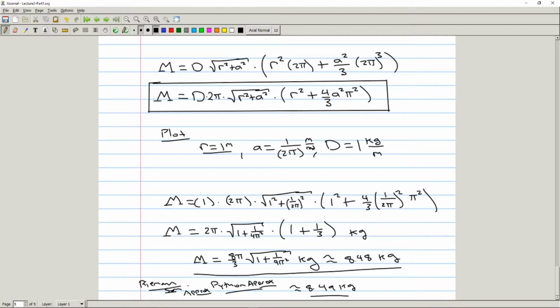So it's not far off from the exact value, which is really nice. And it also shows that for complicated integrals, sometimes numerical approximations of the integral are definitely the way to go.